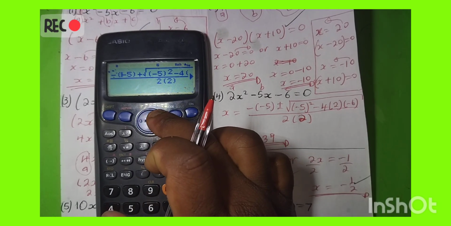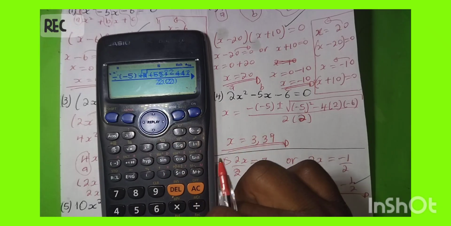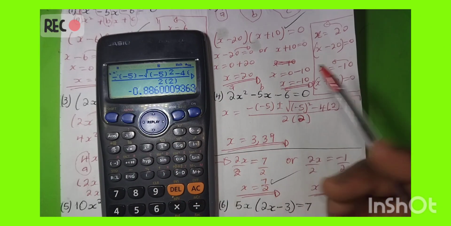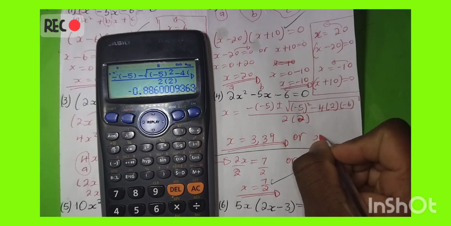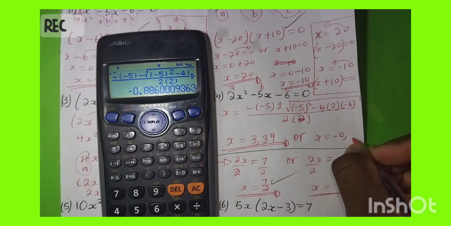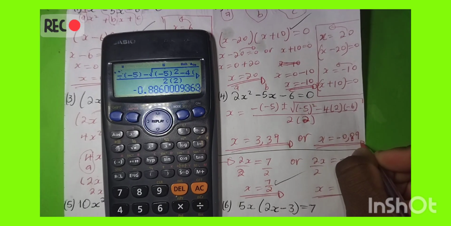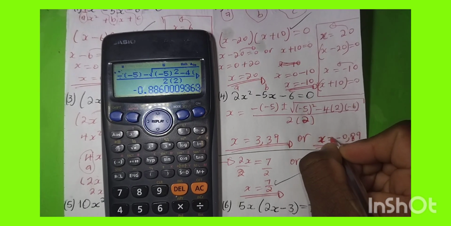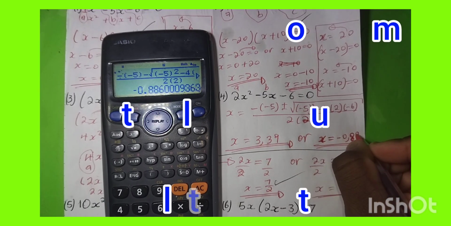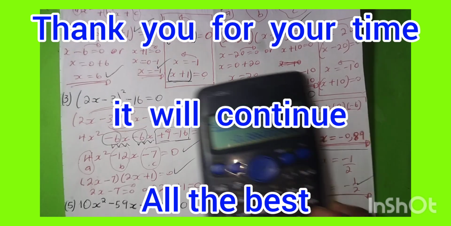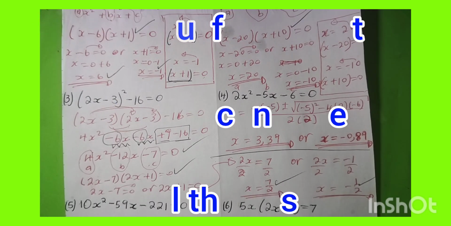For the second answer, I'll just change this to be negative, press SD, and this is my second answer, which is -0.89. I hope everyone knows how to round off, but if you don't, please do research about it, because rounding off is a small topic that you should know.